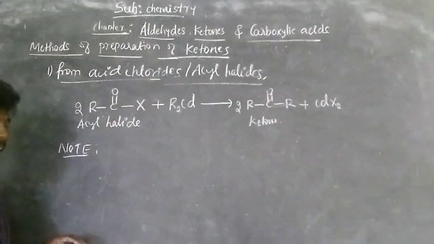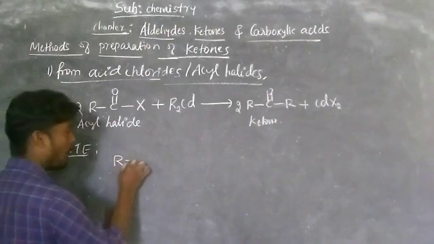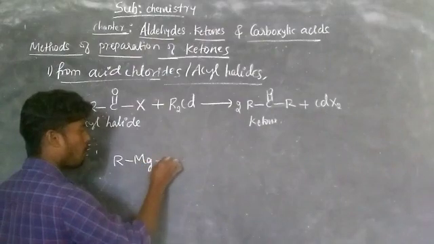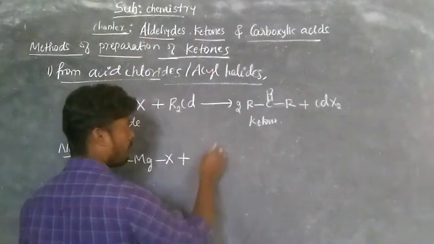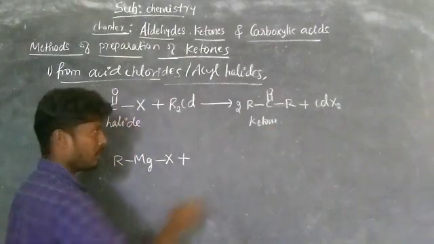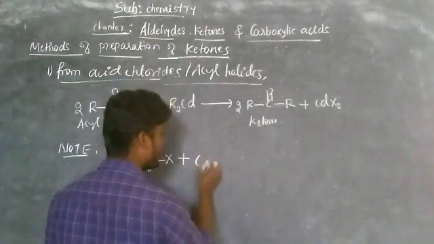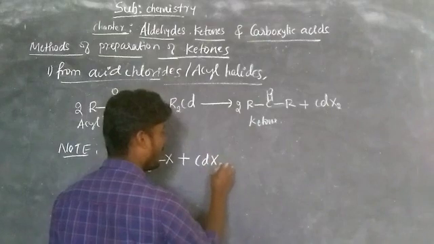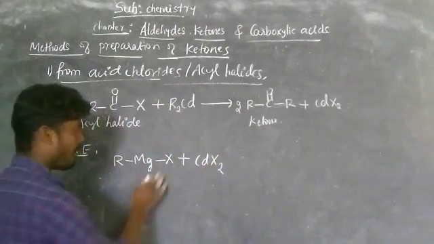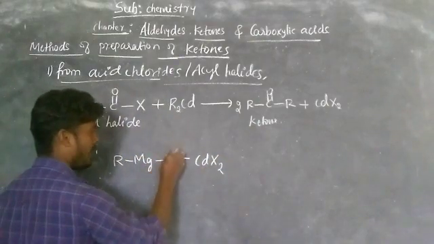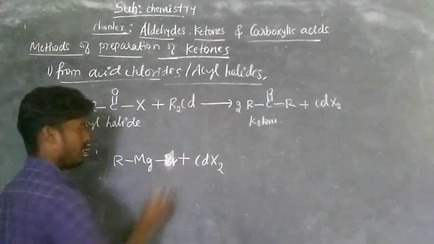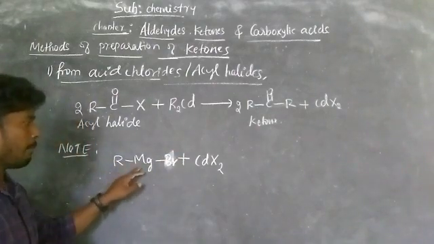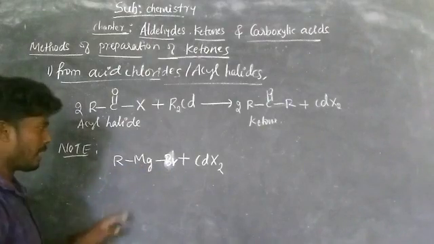To prepare that, Grignard reagent, that is R-Mg-X, is treated with dihalocadmium, that is cadmium halide CdX2. In place of X, take chlorine or bromine. Alkyl magnesium bromide is the Grignard reagent.